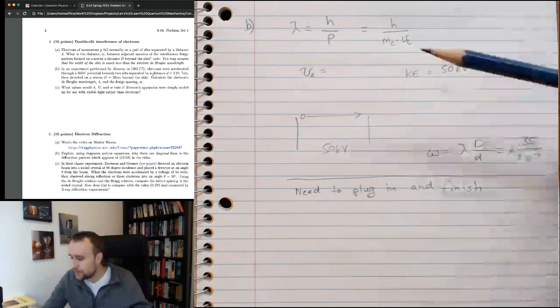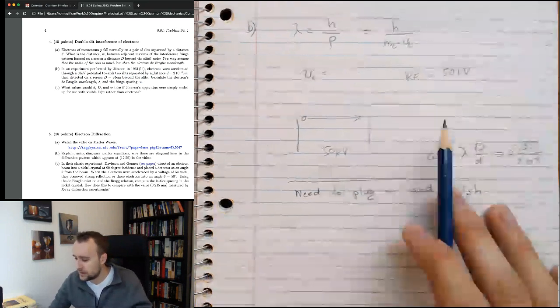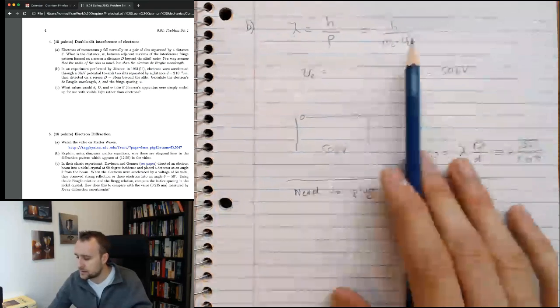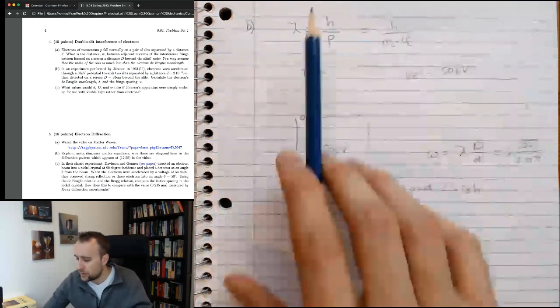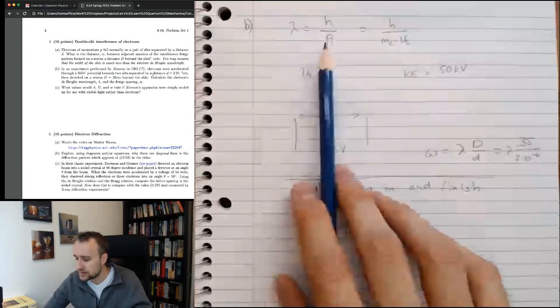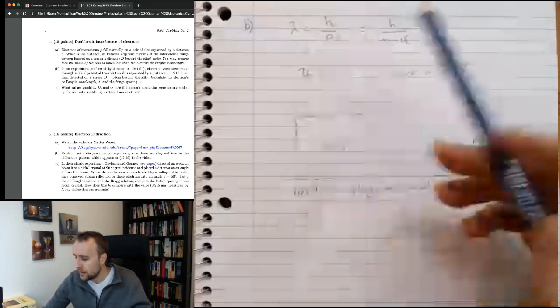So we know this kilovolts is going to be the kinetic energy that it gets accelerated over. And we know lambda is equal to h, Planck's constant, over the momentum.